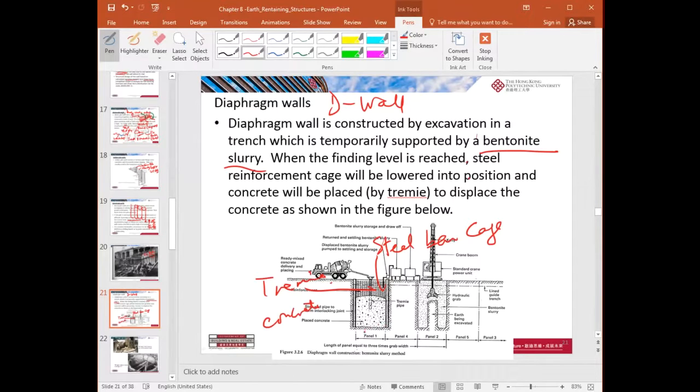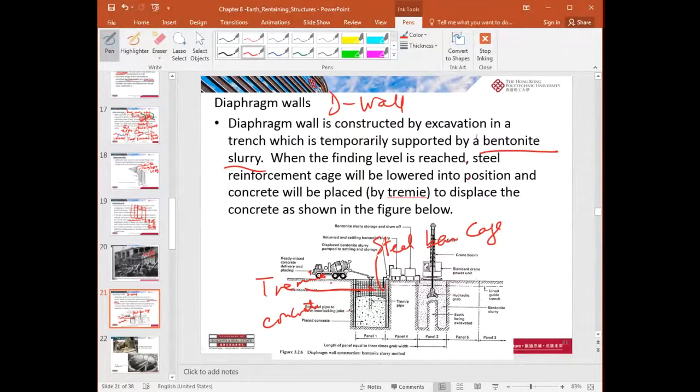The concrete will be cast at the bottom of the tube, so it will flow out and then displacing, right, all the slurry out of the trench there. So eventually you have a RC structure, an RC wall there, right? That's called the D wall, the diaphragm wall, right?